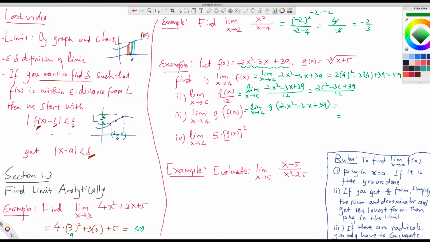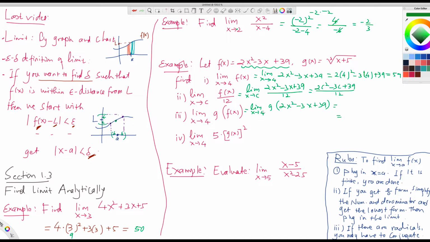And here there is a composite, right? g composition f(x). You see that? So what you do, you just plug in the value of f(x) first, write the value of f(x), limit x tends to 4. g is still there. I plugged in the value of f(x), which is 2x squared minus 3x plus 39. Now you write the limit inside.